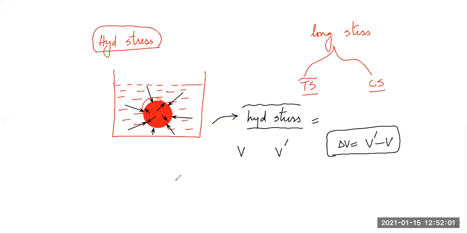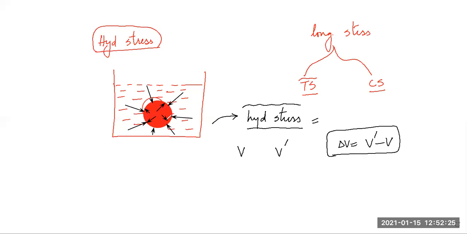As in the last case, the bar we had taken in case of normal stress was cuboid, and under the effect of the normal stresses or deforming forces, it remained cuboid, but the length changed.